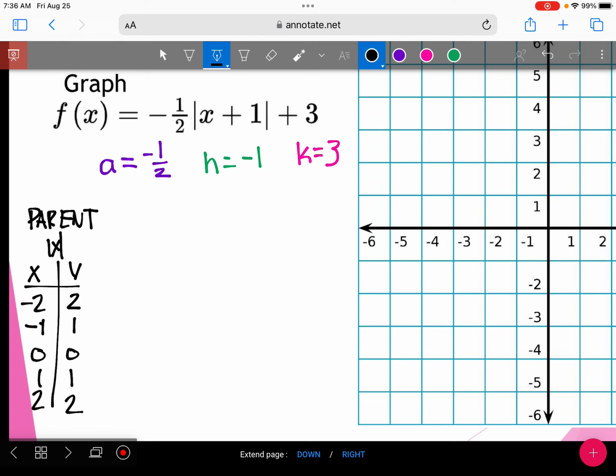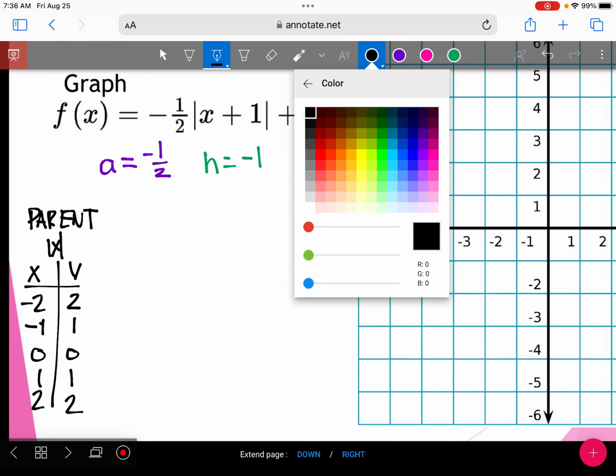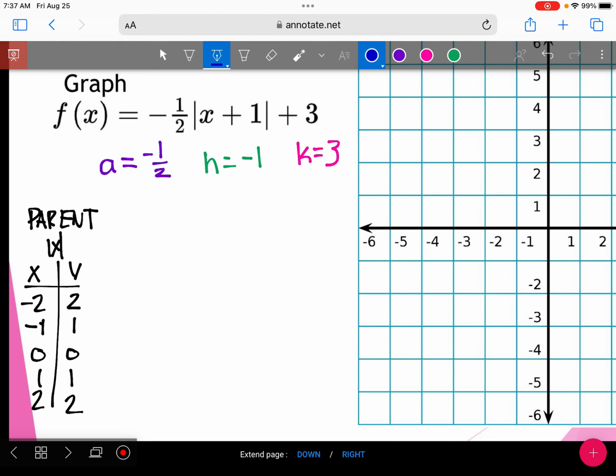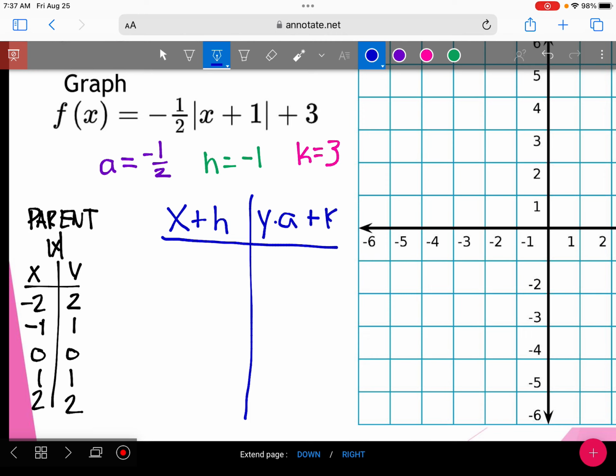Each kind of function that we have is going to have one parent table. Then we're going to make our actually graphing it table. We do our x plus h, y times a plus k. So x plus h is going to be our easiest one.